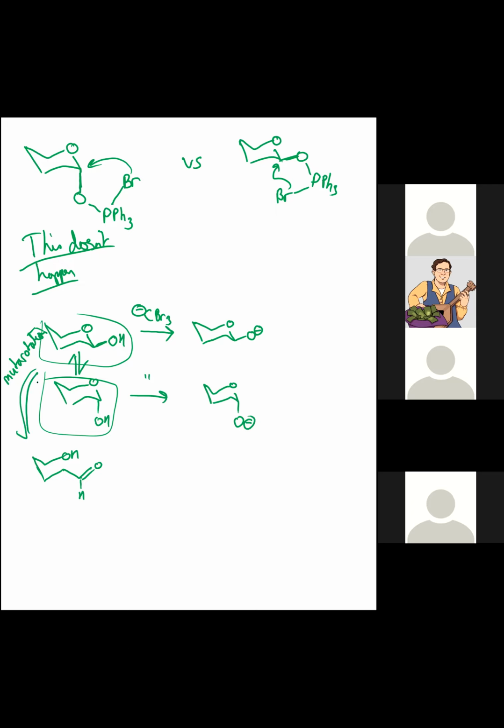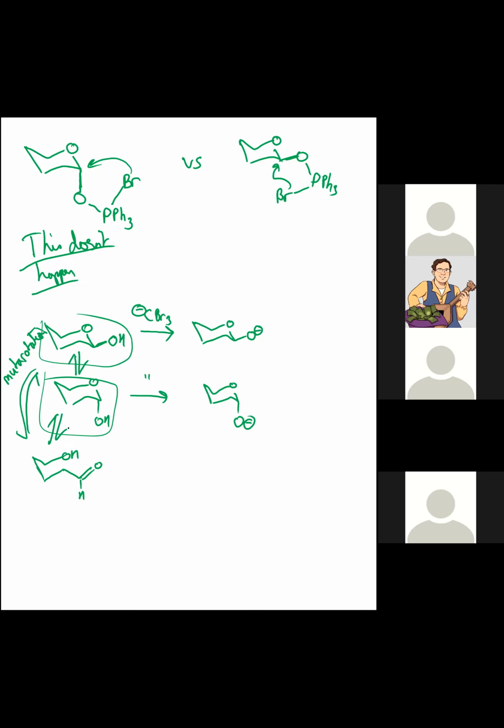So that's going back and forth to that. That one's going back and forth to that, ring closing the other way. So we're constantly ring opening to the aldehyde, ring closing to the alpha, ring opening, ring closing to the beta, ring opening, ring closing to the alpha. It's happening like this every few nanoseconds to microseconds, somewhere in that ballpark.